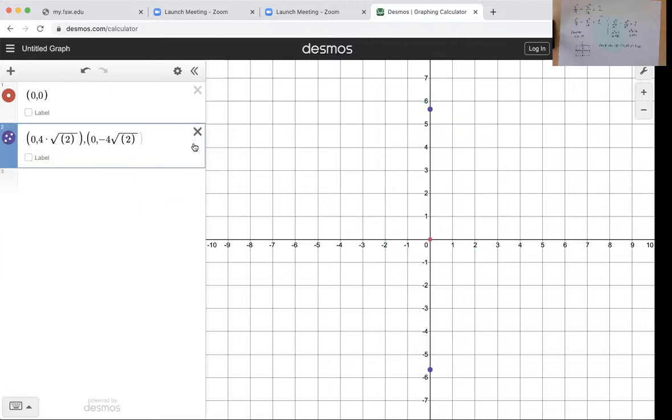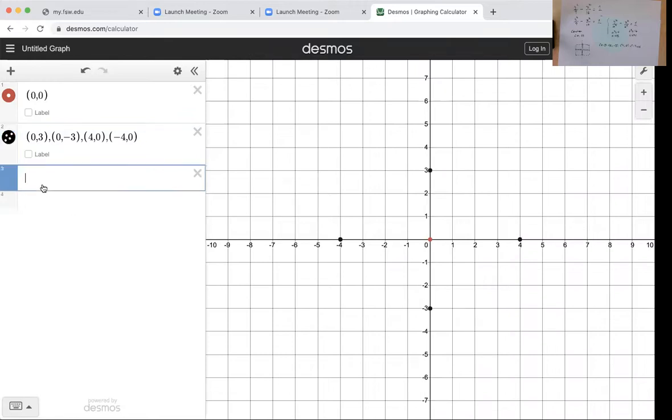So 0, 0 is still our center. So we need 0, 3, 0, negative 3, 4, 0, negative 4, 0. And from that, I'm going to draw a little box.